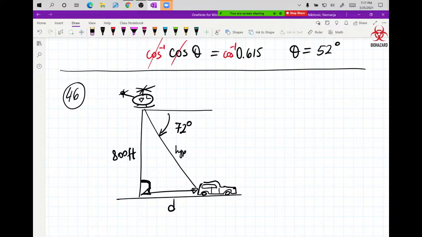Can anyone spot the angle that is easy to compute? The one on top, right? Because that's like a 90 degree, so it'll be 90 minus 72. Excellent. That's one of them. So that's going to be 18 degrees, right? Because they have to add up to a 90-degree angle there. Excellent.